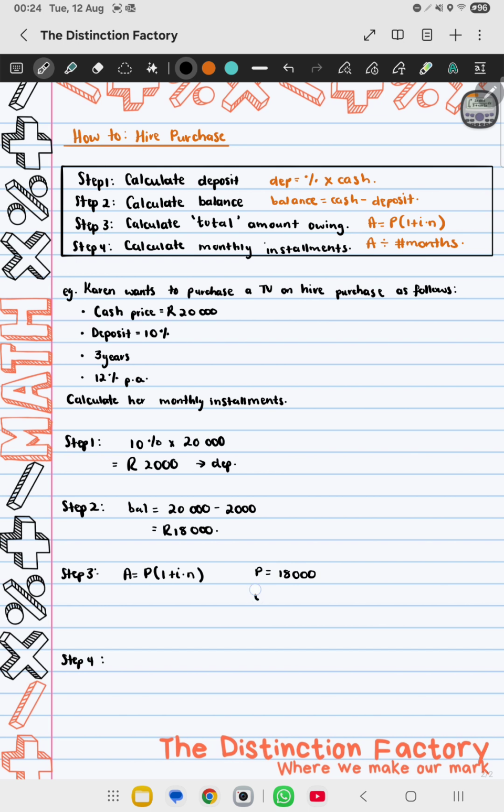Our I is 12%. You can write it as 12%, 12 over 100, or 0.12. All are fine. N is the number of years, which in this case is 3. Then we substitute into our formula: 18,000 into 1 plus 0.12 times 3.